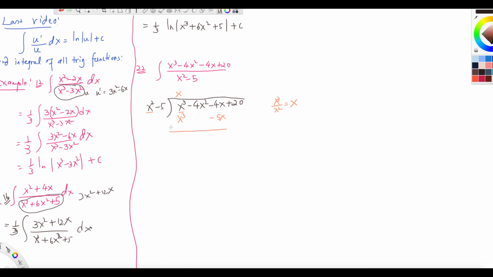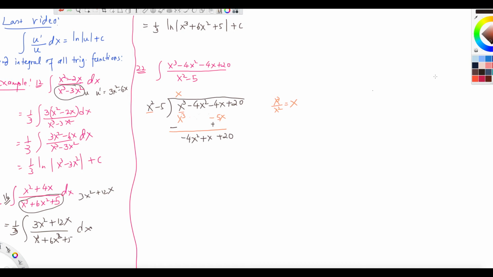So x cubed minus x cubed is 0, and then when you subtract negative 5x, it will be plus, right? So it will be negative 4x squared because it is on the top row, plus x, plus 20. That's what you get after you subtract.